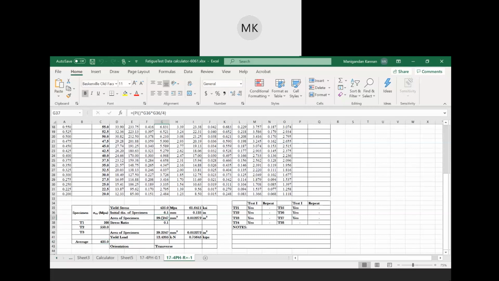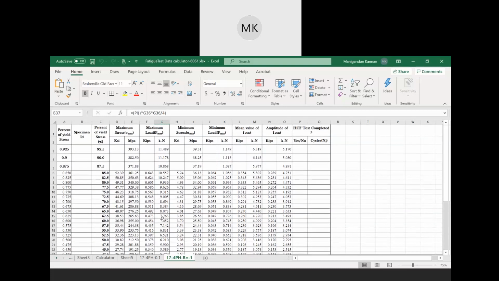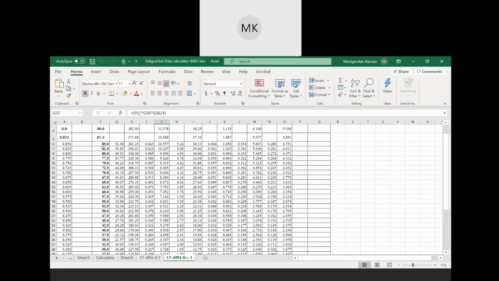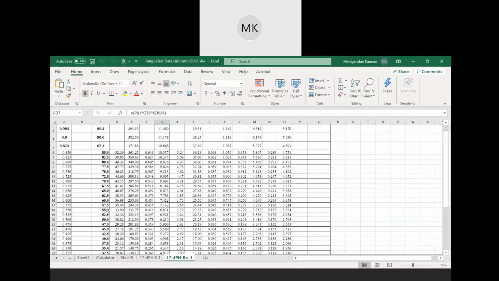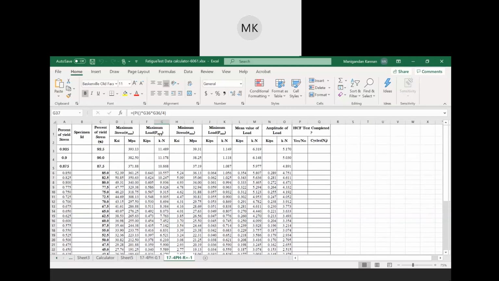Once I have that, it generates this whole set for me, where I can go from 92% of its yield strength to about 20% of its yield strength, and I'll get all the values that I need: the minimum stress, maximum stress, amplitude, mean, everything that I need to enter into the fatigue test so that it can run smoothly for me.